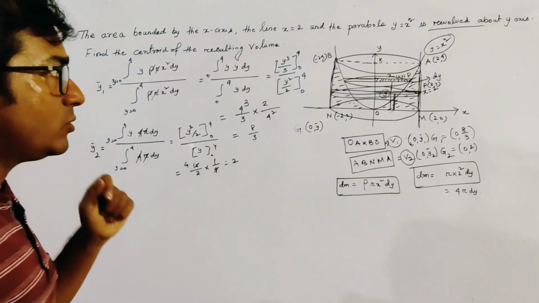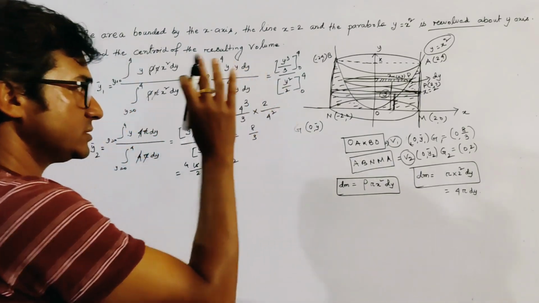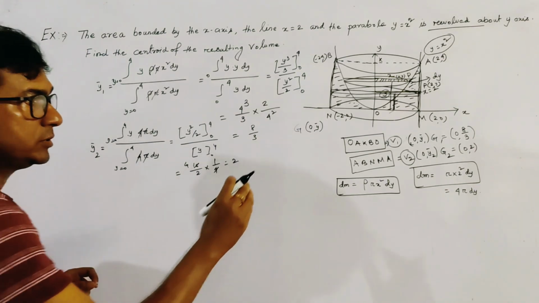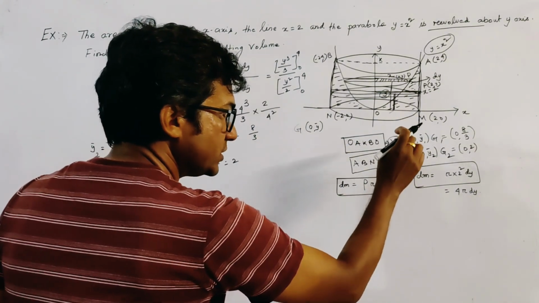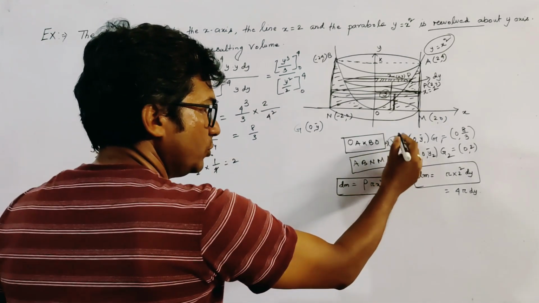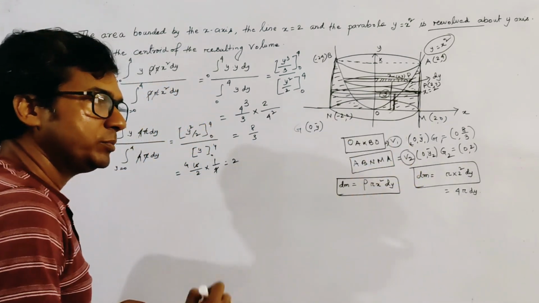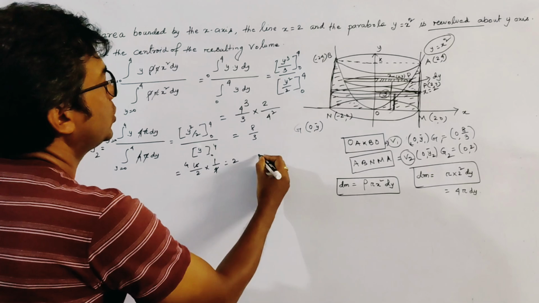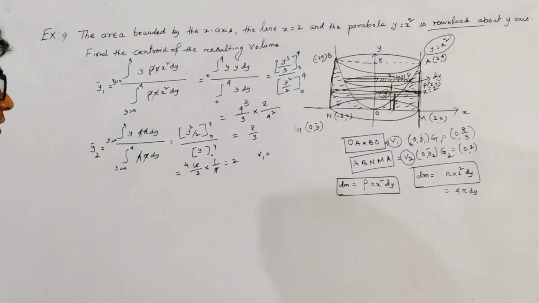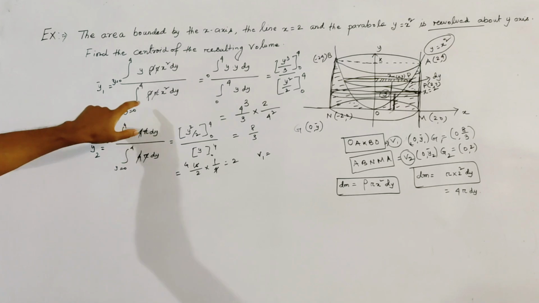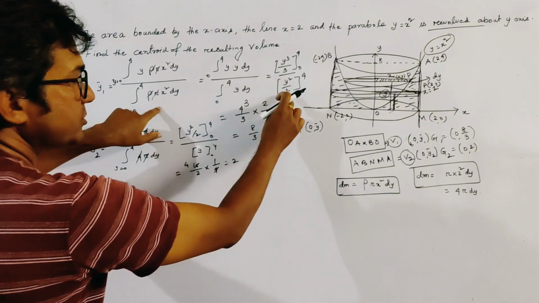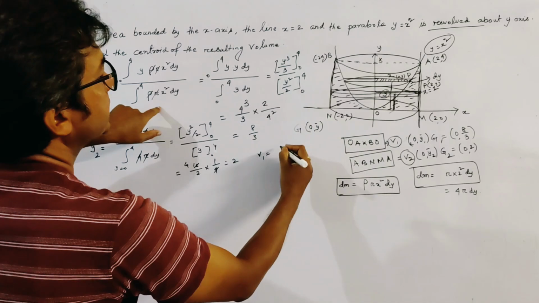Okay. Now we already see here what is the volume of V1 and what is the volume of V2. We first find out the volume V1 and find volume V2. So volume V1 is given by this integration.